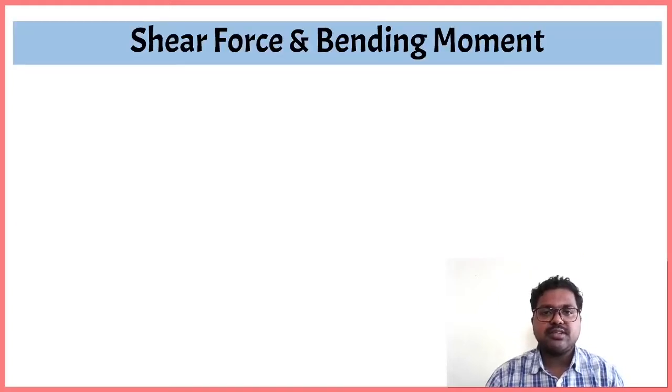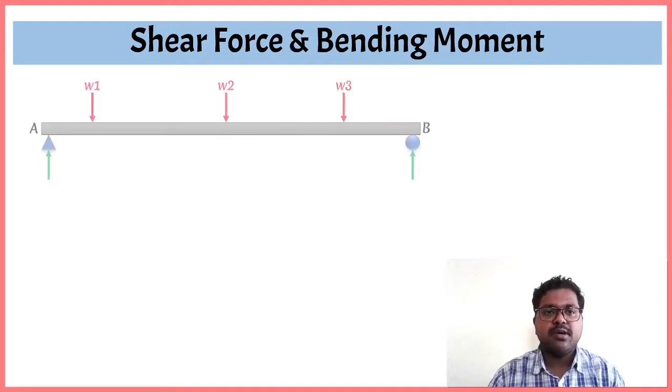To explain this shear force and bending moment, I am considering a beam which is subjected to loads W1, W2, W3 as shown in the figure. To keep this beam AB in equilibrium condition, equal and opposite reaction forces are happening at supports A and B, which is equal to the loads W1, W2 and W3.